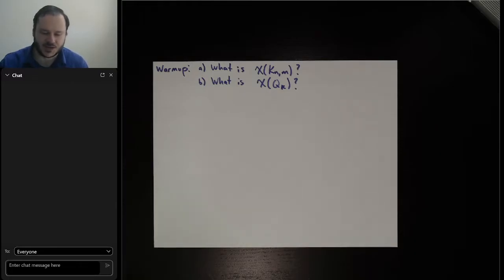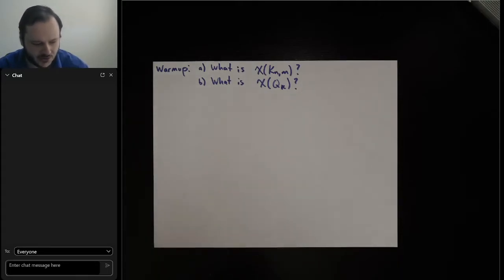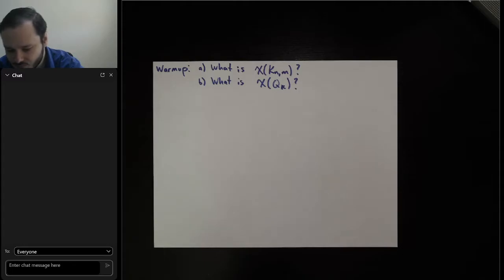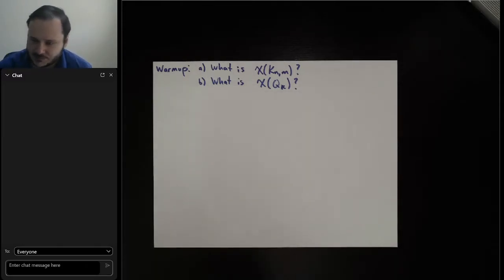We could always give each vertex its own unique color. That would work for sure. But if we only have one color, that's not going to be enough if there's any edges. So the question is, what's the smallest number of colors required? And that was called our chromatic number. And we used chi, Greek letter chi, for chromatic number.